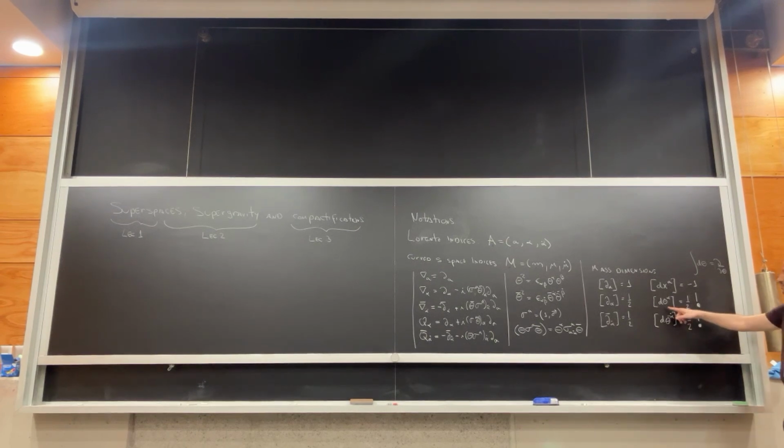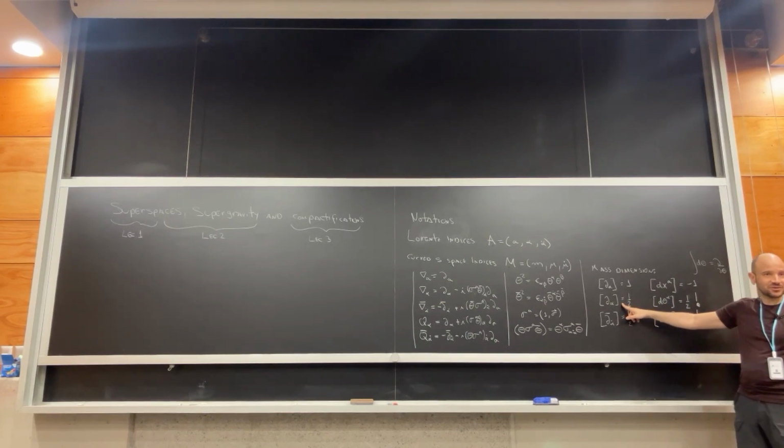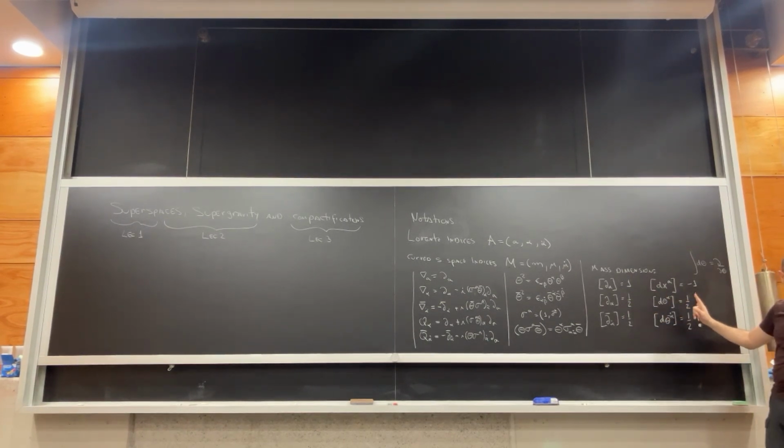So when I integrate over thetas, this is not going to have mass dimension -half if I expect a correspondence between this differential and this differential. Because of this, the integration measure in the superspace has the same mass dimension as the derivative. Okay, this is a very important difference. That's why there is an exclamation mark here and here.